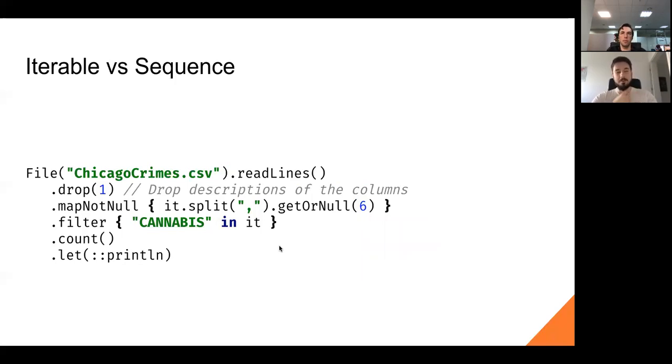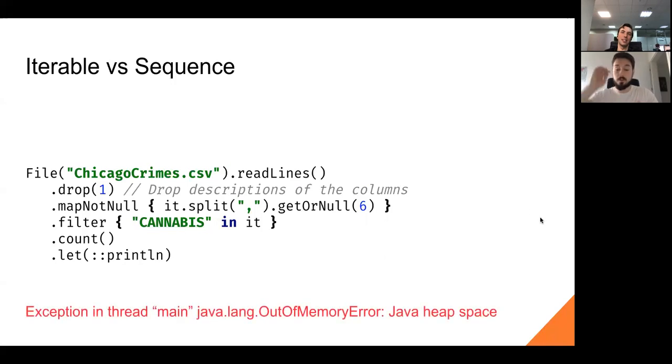The big problem with that is that this file, Chicago Crimes CSV, is a database of all the crimes that were recorded in Chicago since 2004, and it takes 2.7 gigabytes of data. On my computer, this very simple program throws an out of memory exception, Java heap space.